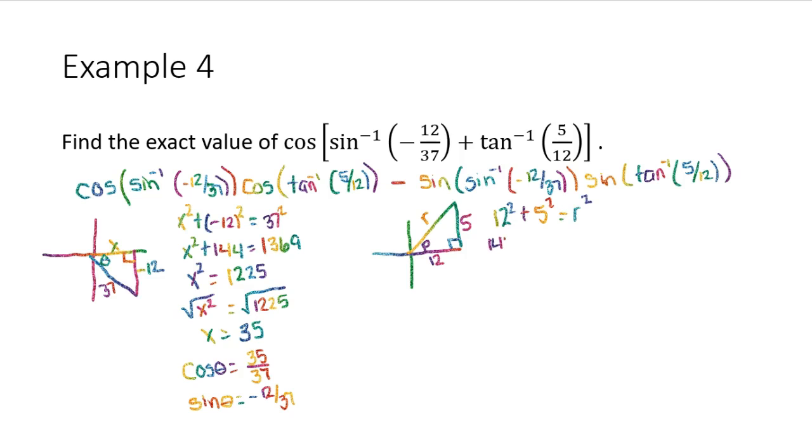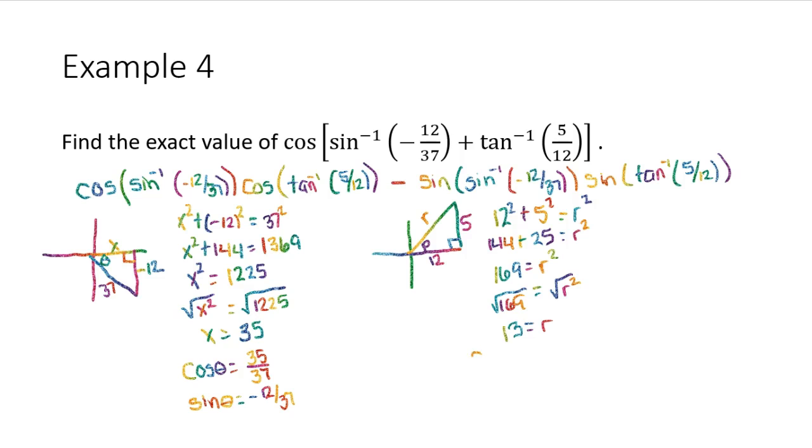That's 144 plus 25 equals r squared. 144 plus 25 gives me 169. And when I square root both sides, the square root of 169 is 13. And we want the positive square root, remember, because our hypotenuse is always a positive number.